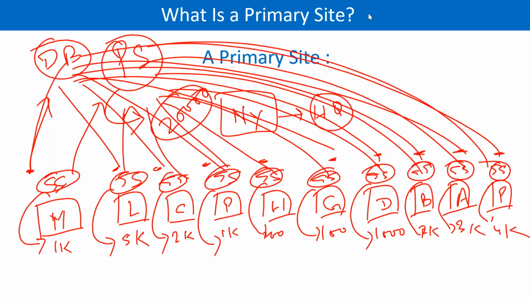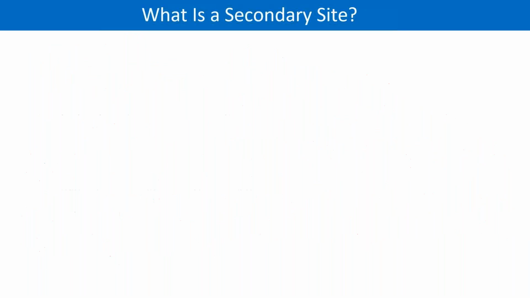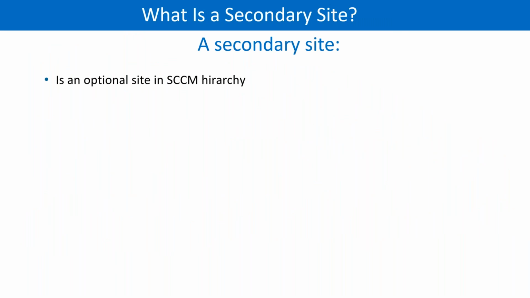Fine. So now the primary site is done, guys. Now the secondary site. A secondary site is an optional site. Why? Because if you don't have a branch office, you don't need a secondary site. If all the devices are located in one single location, you don't need a secondary site. Or if the devices are on an outside network as well, but the device count is very low, let's say less than 500 in one location.